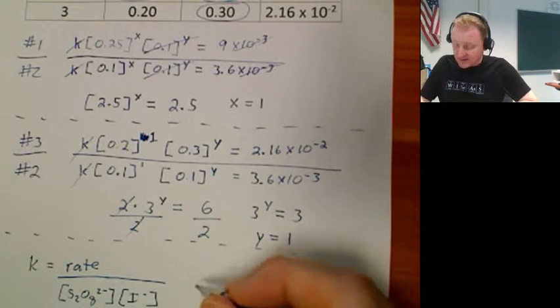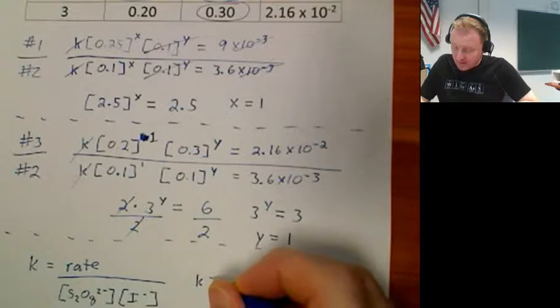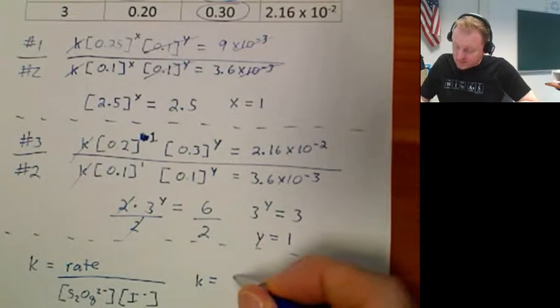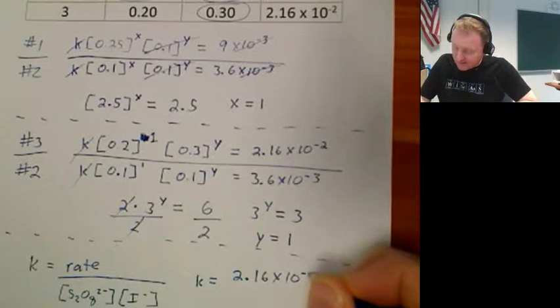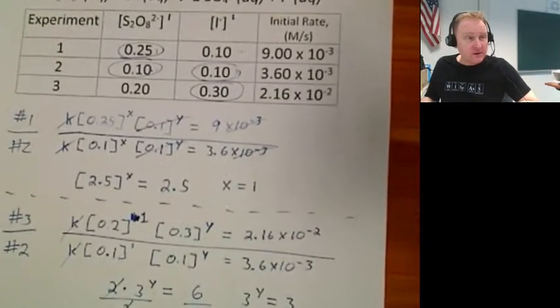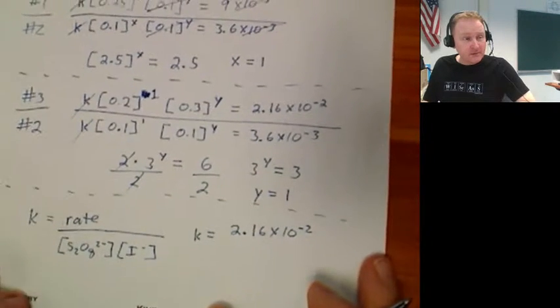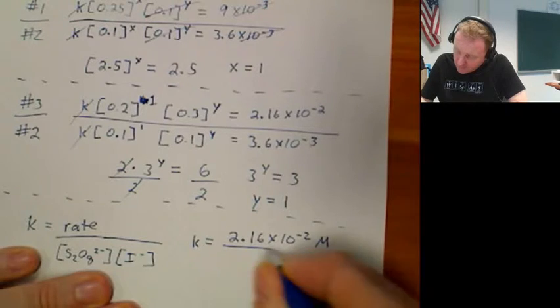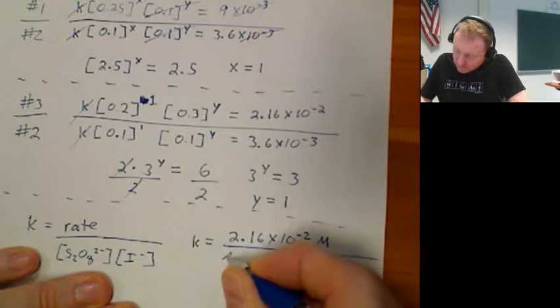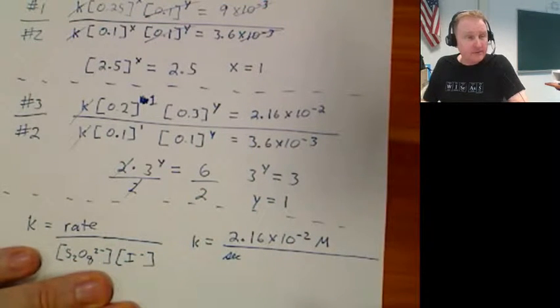You'll get the same k as I do here. So k equals, the rate is 2.16 times 10 to the negative second, and the units are molarity per second. That's the rate of this reaction, molarity per second. So I'm going to put molarity over, I'm going to put second over here as a denominator.